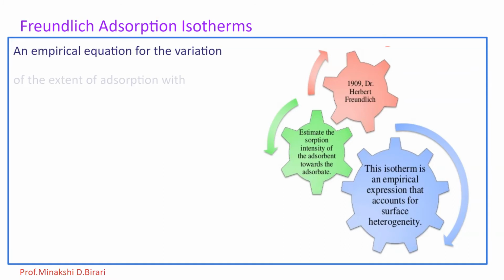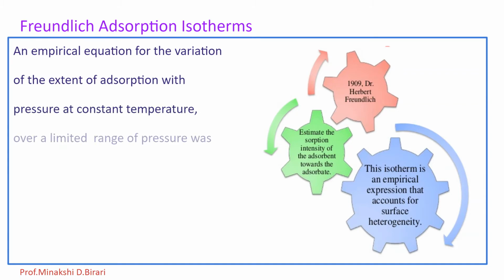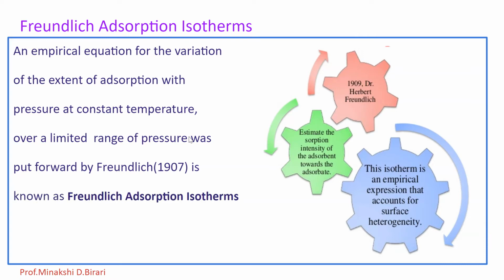An empirical equation for the variation of the extent of adsorption with pressure at constant temperature over a limited range of pressure, which was put forward by Freundlich in 1907, is known as the Freundlich adsorption isotherm. This isotherm is an empirical expression that accounts for surface heterogeneity.